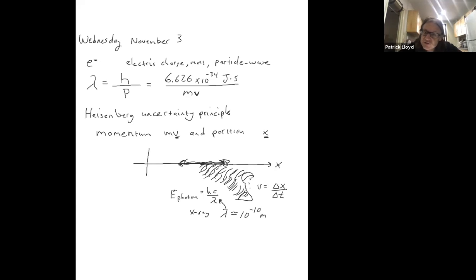So you use shorter and shorter wavelengths, but the shorter and shorter wavelengths have greater and greater energies, which move the particle away from where it initially was. So you're changing it. So what this says is it's an observation issue. If you want to observe something, you actually have to change it. We normally might have thought, oh, you just look at it, right?